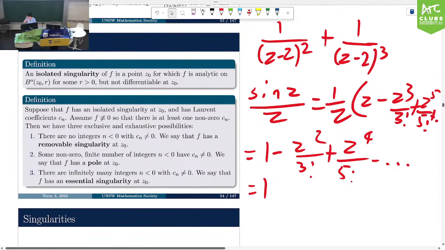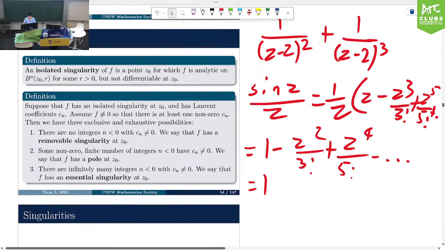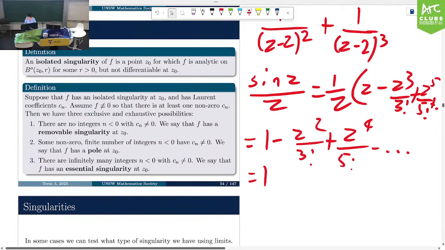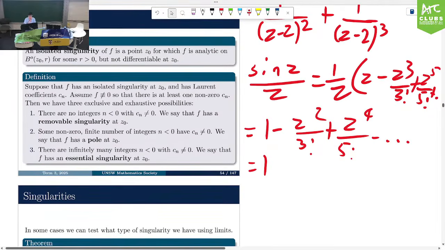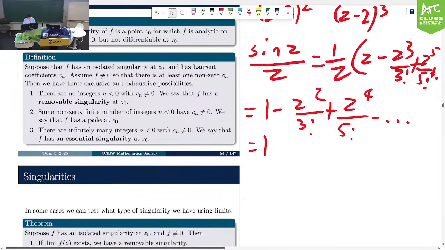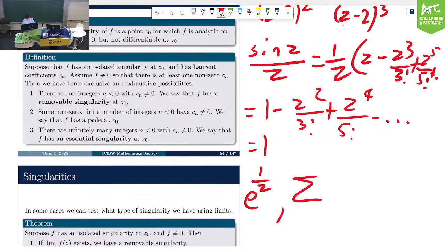We'll discuss the order of the pole later, whatever it is. However, if that is not finite, if it's an infinite number of terms, then it's called an essential singularity. An example of this is e to the 1 on z. What is this equal to again?